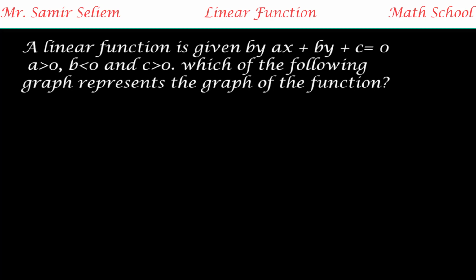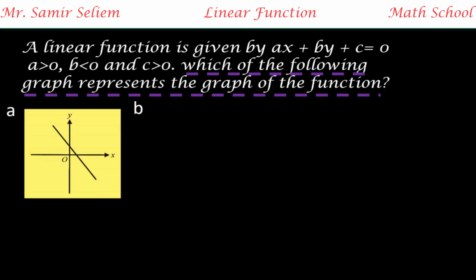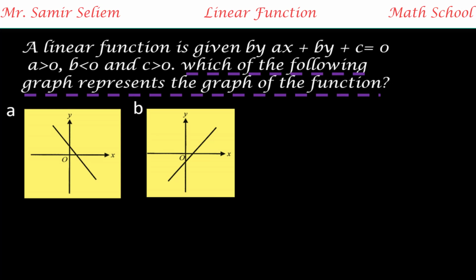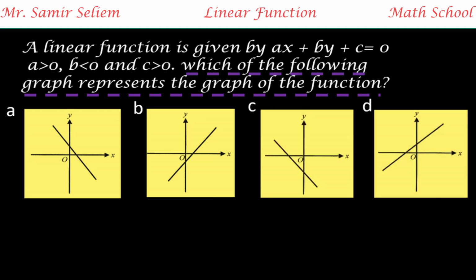Which of the following graphs represents the graph of the function? This is the question, with options A, B, C, and D. Look here, we have the function ax plus by plus c equals 0.